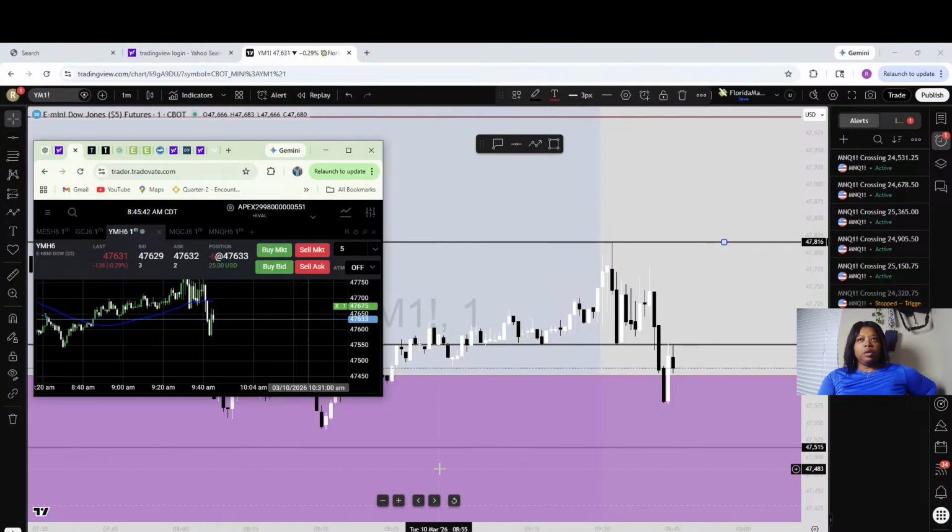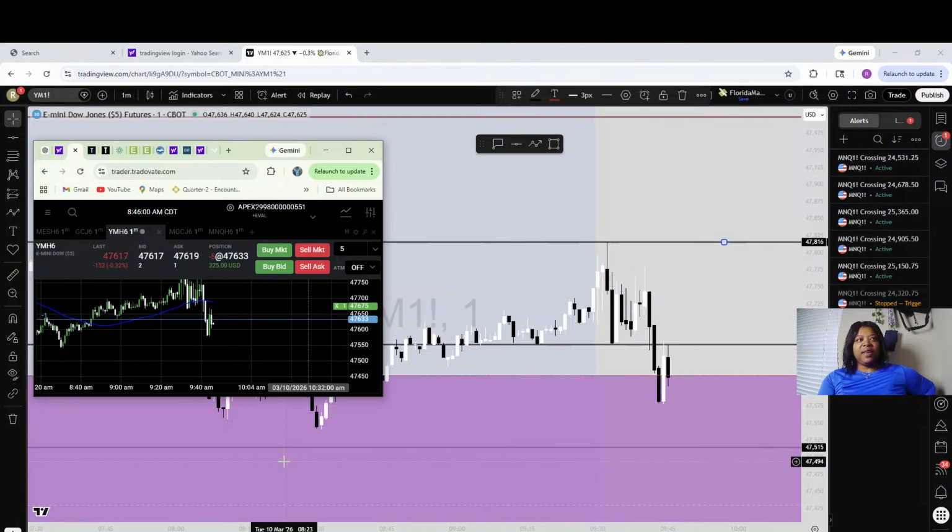I was hoping that it's going to come down to this area and maybe retest this fair value gap.